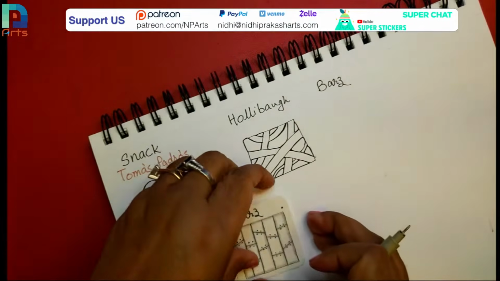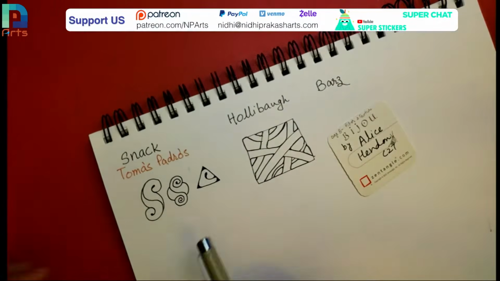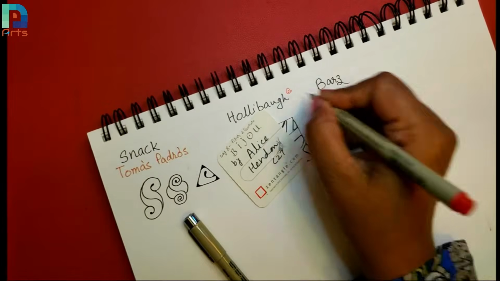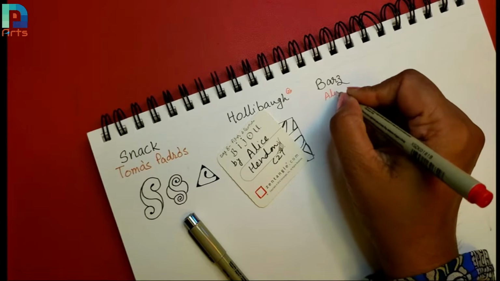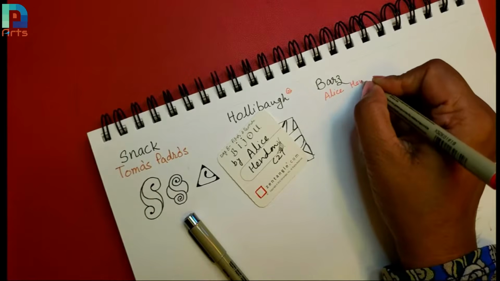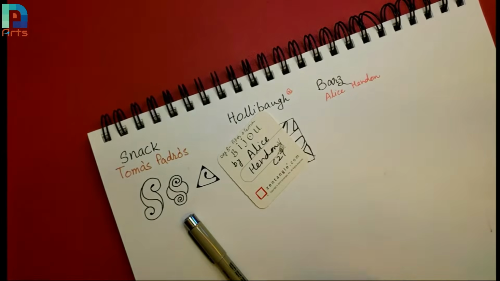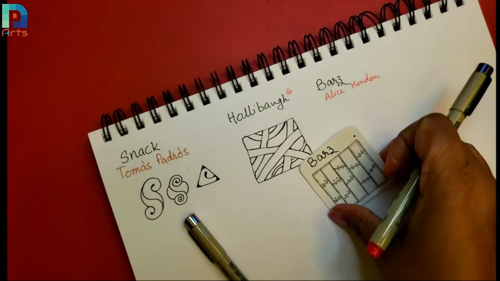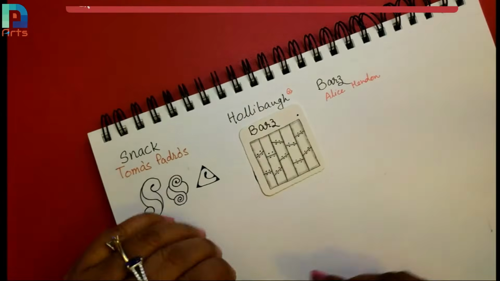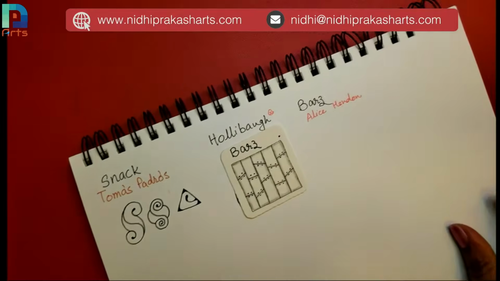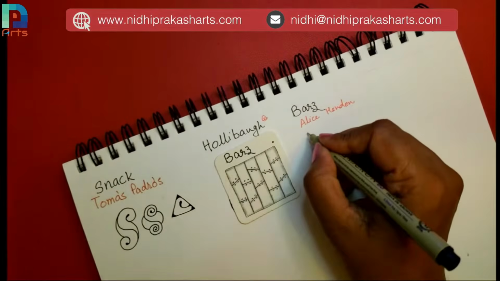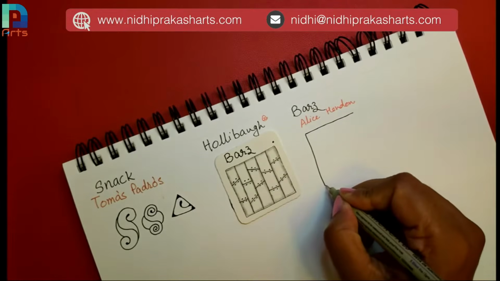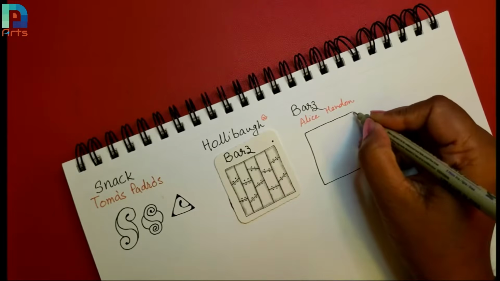Barz tangle, and this tangle has been deconstructed by Alice and then CZT. This is the day 8 tangle of the Inktober Tangles 2023. It's a very easy and very beautiful tangle.